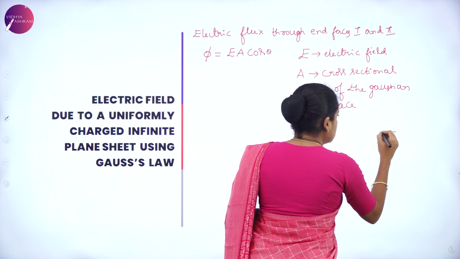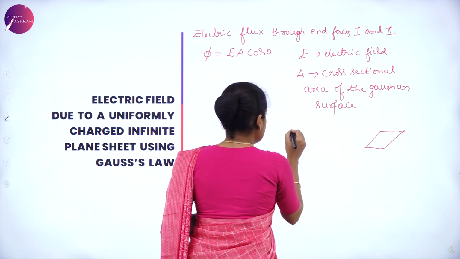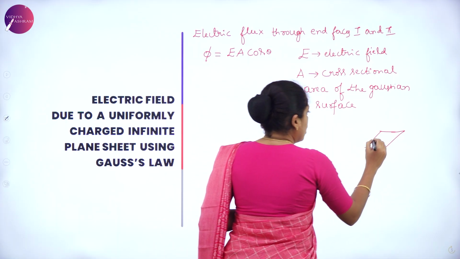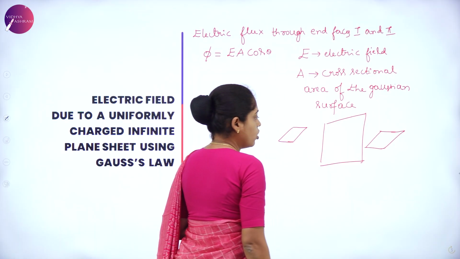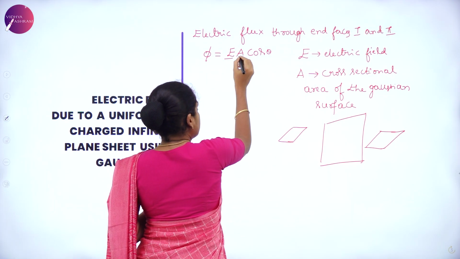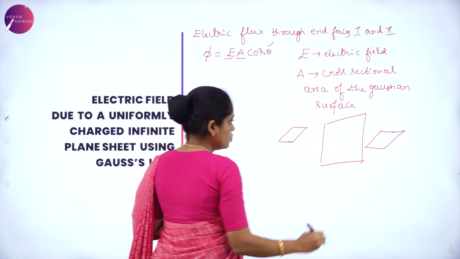So consider the end faces of the Gaussian surface, which are towards the left and the right. Let us represent the direction of the electric field and the area to know the angle between these two.